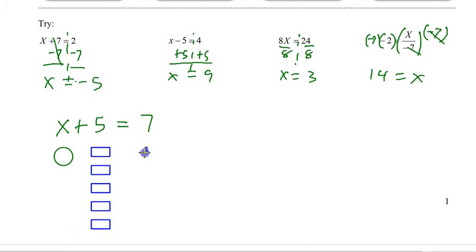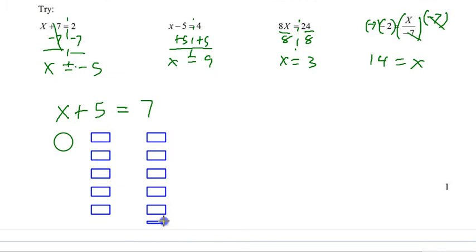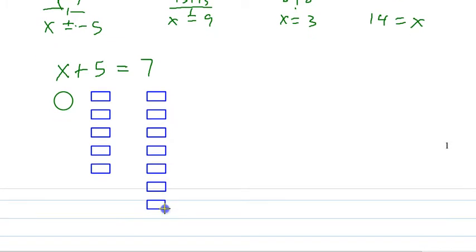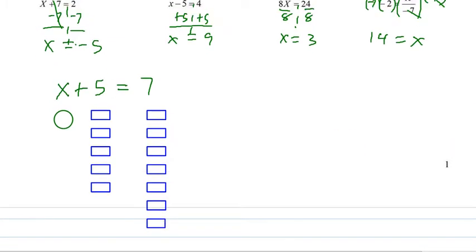And then over here we have 7. So 1, 2, 3, 4, 5, 6, and then one more, 7. Okay, so what's actually happening is this.